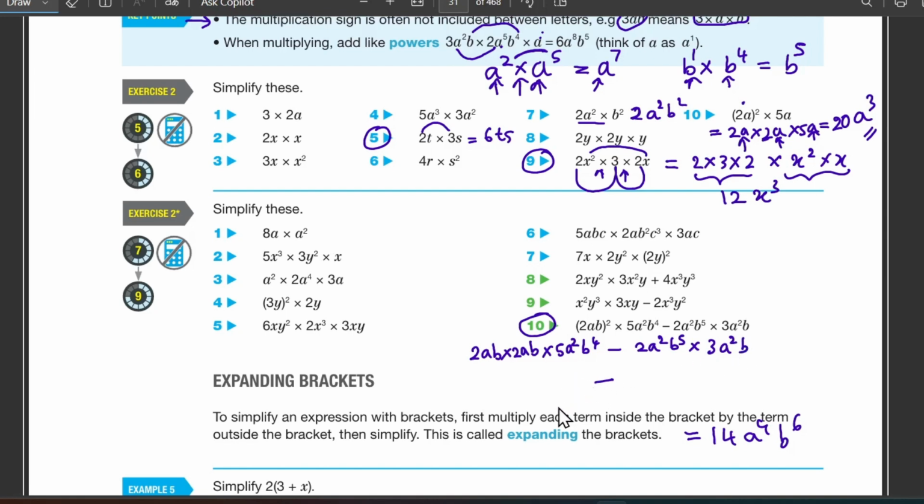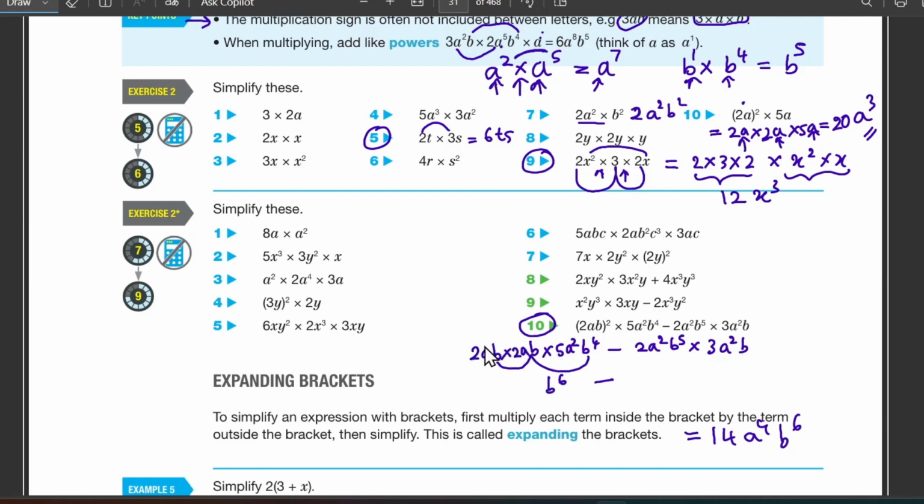So we have to add same base powers. Okay, all of these are multiplied, so we have to add same base powers. So b times b is b to the power 2, b to the power 2 times b to the power 4 is b to the power 6.